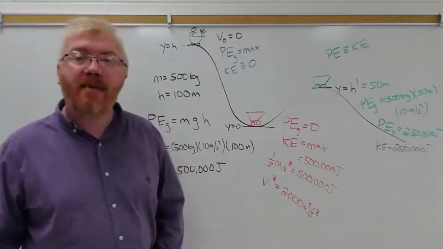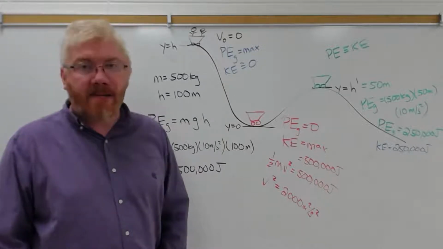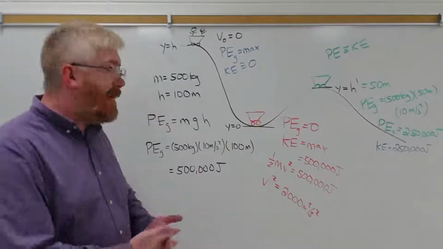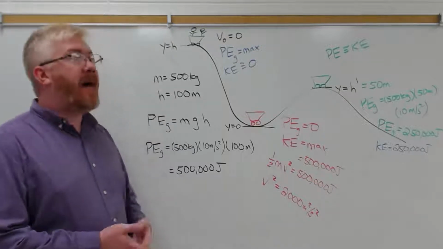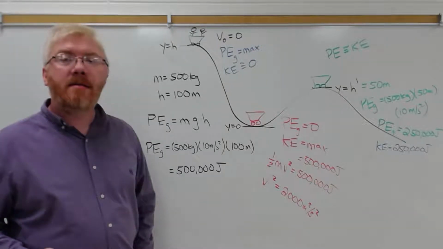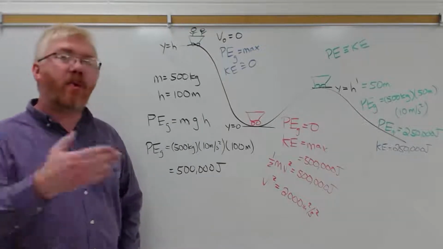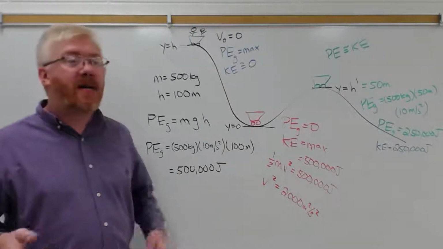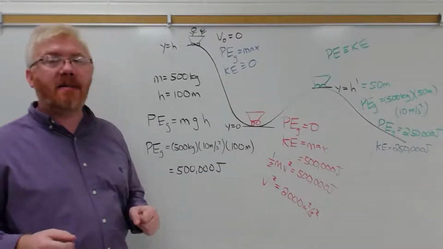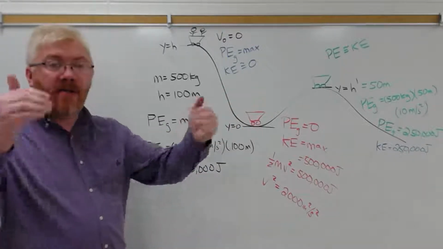Both have mass in those terms. Those masses end up canceling. So it's a neat result that the object's velocity at certain points doesn't depend on mass, which is actually what we learned when we talked about the force of gravity. When you drop two objects of different masses, again, neglecting air resistance, they fall at the same rate.